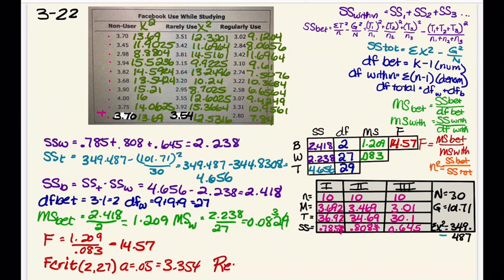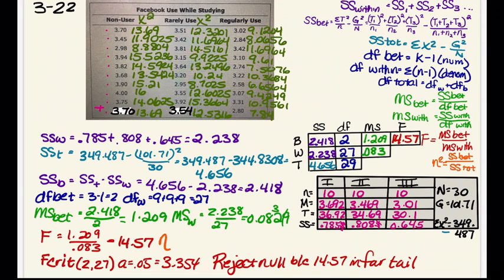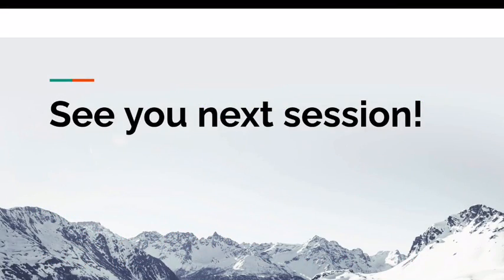Since our F value of 14.57 is in the far tail of our critical region, we'll reject the null and assume that there is a significant effect. Next, we'll calculate eta squared and determine the percentage of variance accounted for by the treatment effect by dividing SS between by SS total and come up with 0.519 or 51.9%.